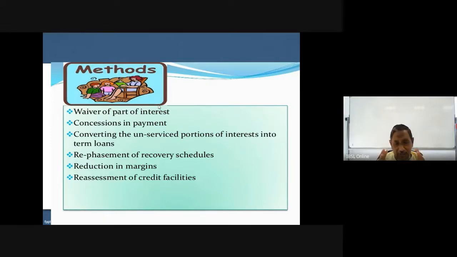Okay, so those are the methods of doing restructuring, discussed one by one, how to do that. Then finally, reduction of margins, interest rates. Sometimes the customer may ask for a reduction of interest rate. When you go for a reduction of interest rate for the customer, again, we have to consider our cost of funds. What is our cost of funds?